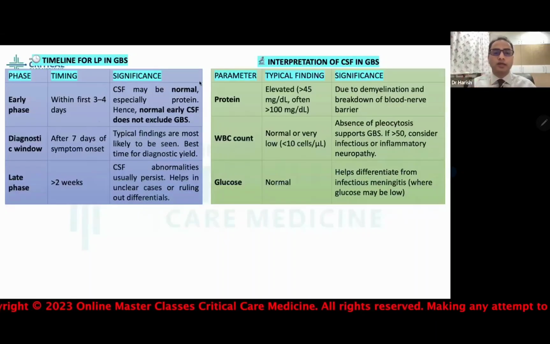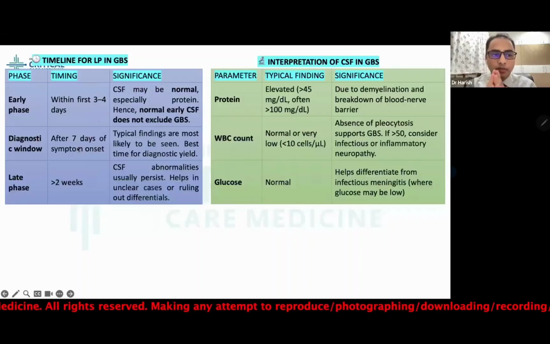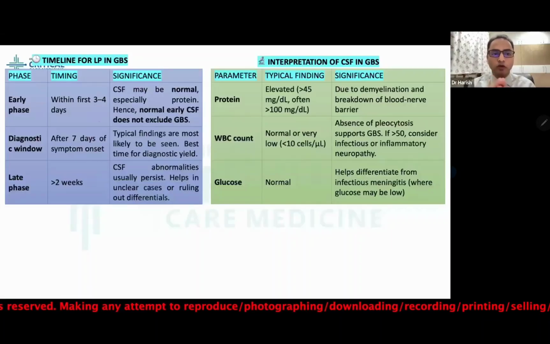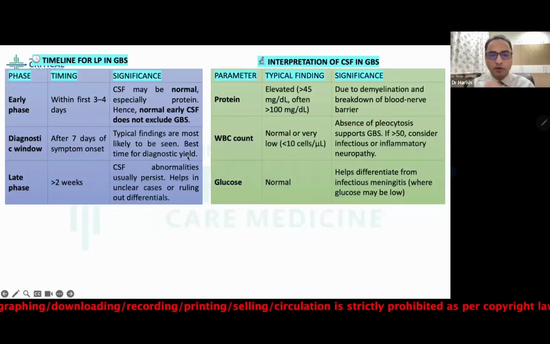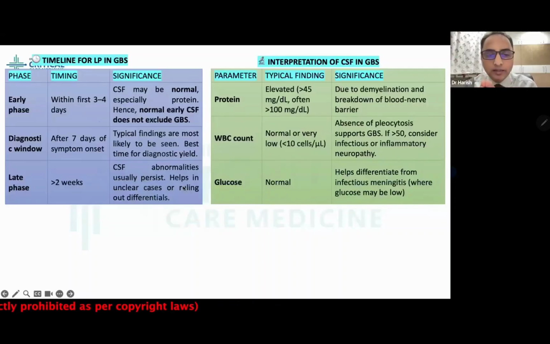Hence, normal early CSF does not exclude GB syndrome. After 7 days of symptom onset is the diagnostic window, when typical findings are most likely to be seen, the best time for diagnostic yield. More than 2 weeks is the late phase, when CSF abnormalities usually persist, which helps in unclear cases or ruling out other differentials.